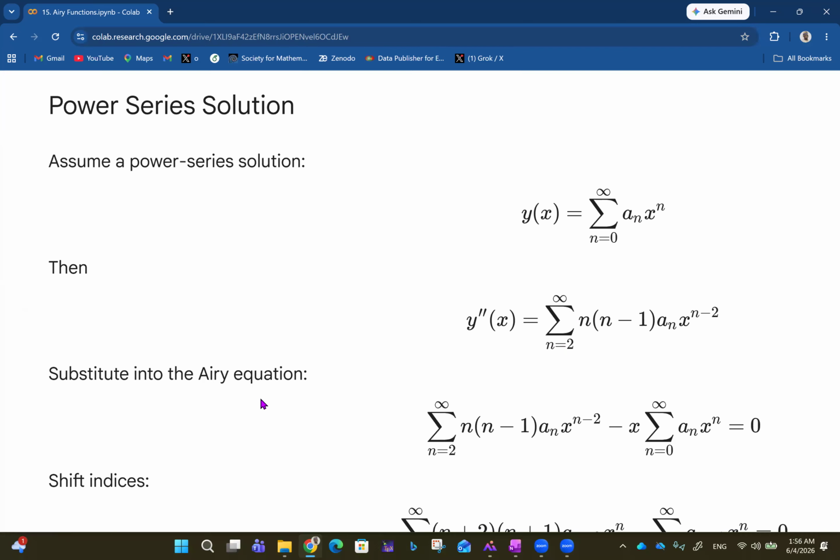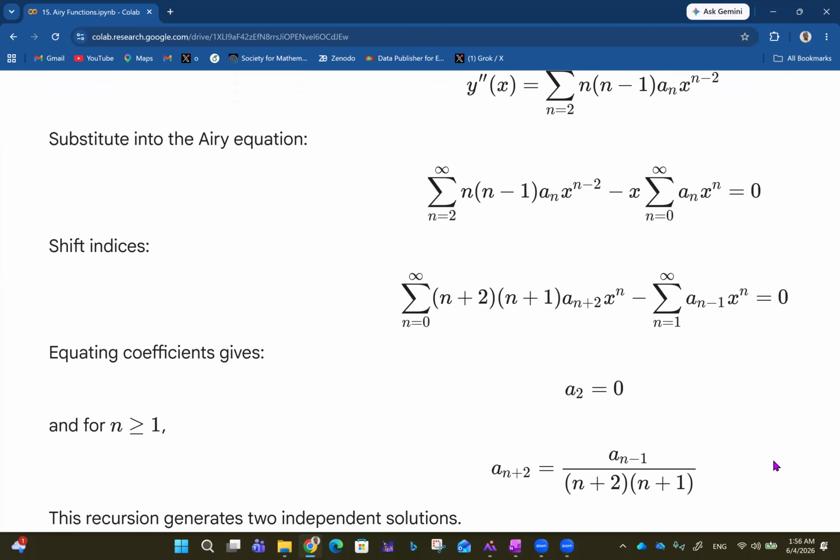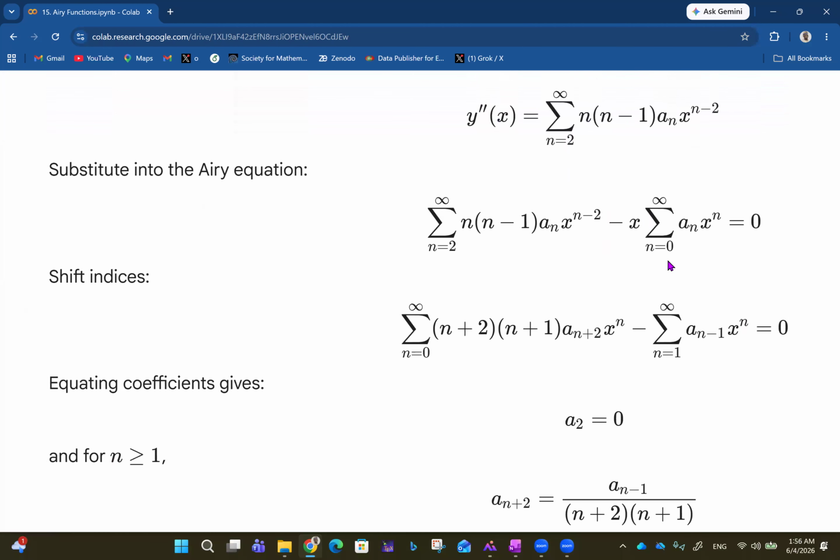If you now substitute this into the Airy equation, that is y prime prime minus xy equals 0. You shift the indices to balance things up. If you shift it two steps, n becomes n plus 2, while n minus 1 becomes n plus 1, because that's n minus 1 plus 2.